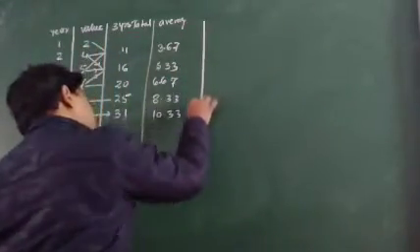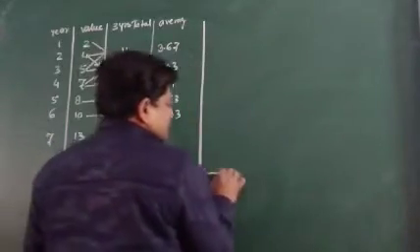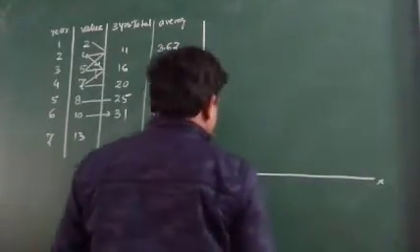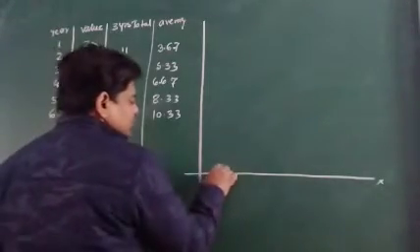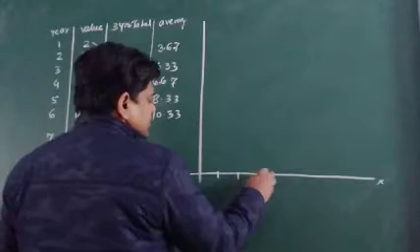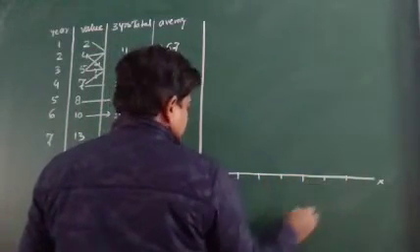Actually, if we want to plot the graph for all these things, there are certain things we should keep in mind. First of all, 1, 2, 3, I can show here. It is 1, 2, 3, 4, 5, 6 and 7.